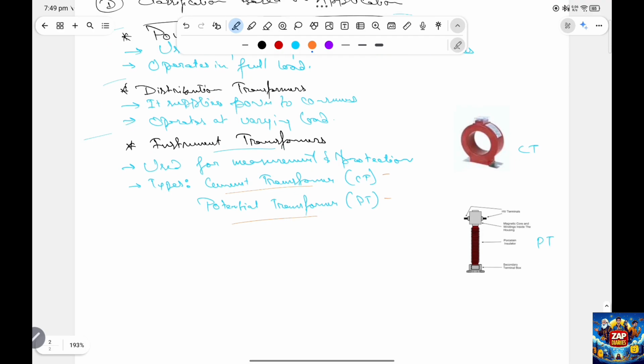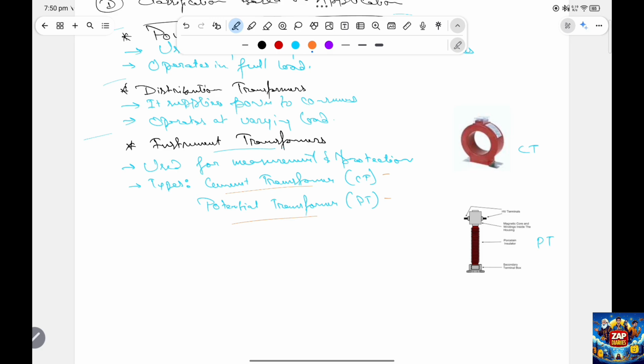So CT basically is a current transformer. It steps down the high voltage to take a reading of the current in those voltage buses.